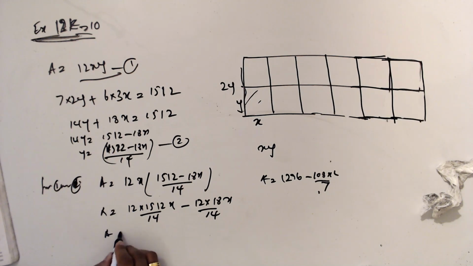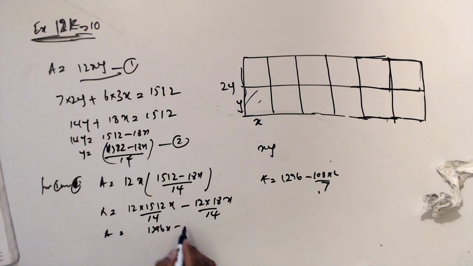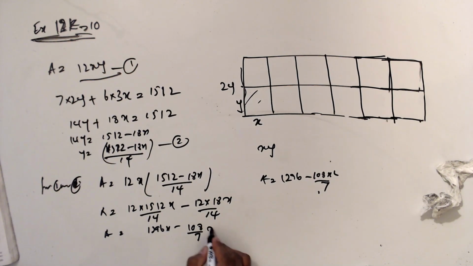So this is going to be 1296x minus 108 over 7 x square.